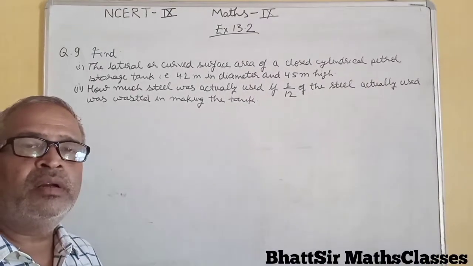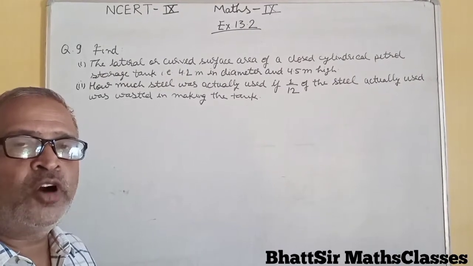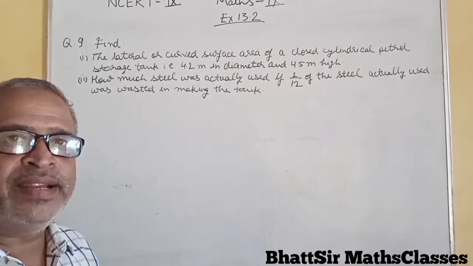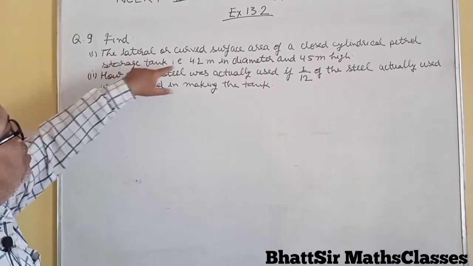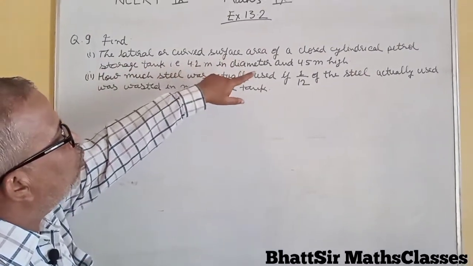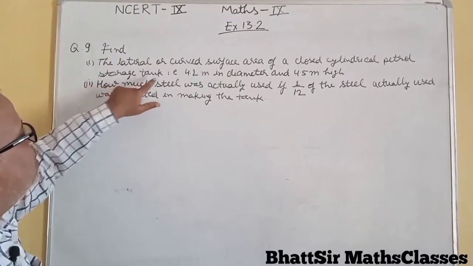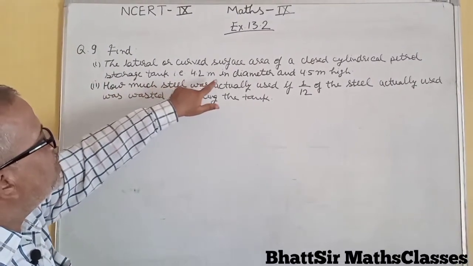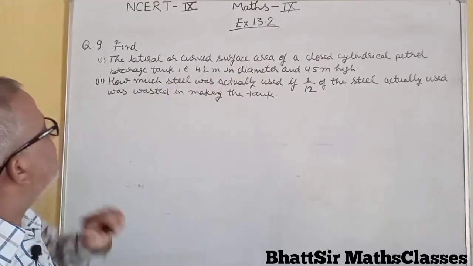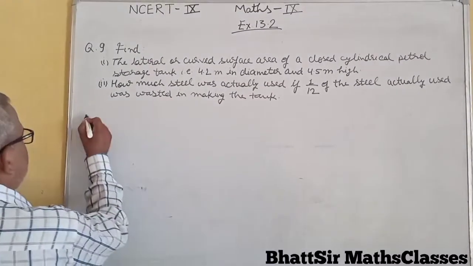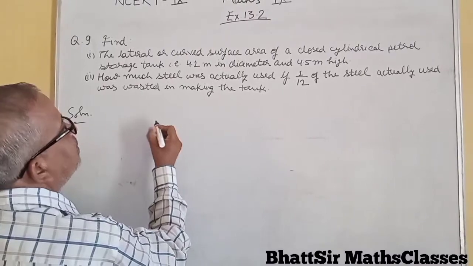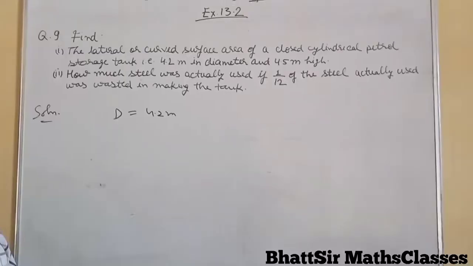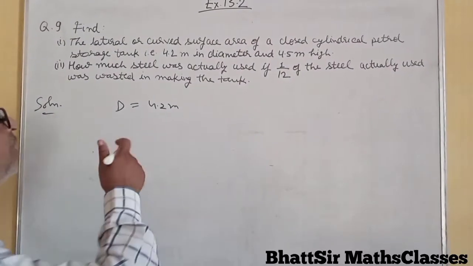Now I am taking question 9 of exercise 13.2 NCERT 9th standard. So in this question, find the lateral and curved surface area of a closed cylindrical petrol storage tank that is 4.2 meter in diameter and 4.5 meter high. So I am giving a solution. Now diameter 4.2 meters.